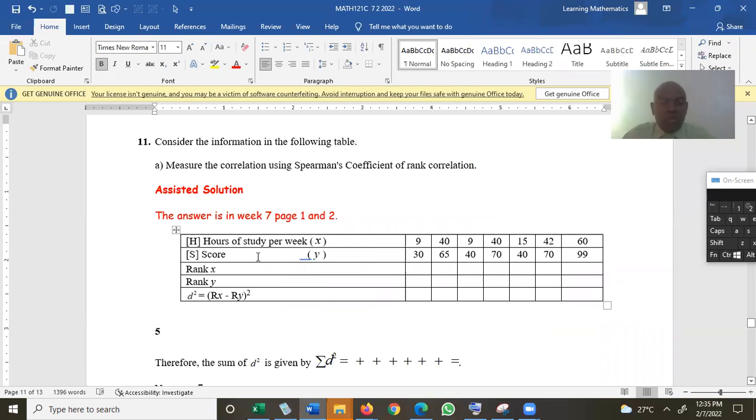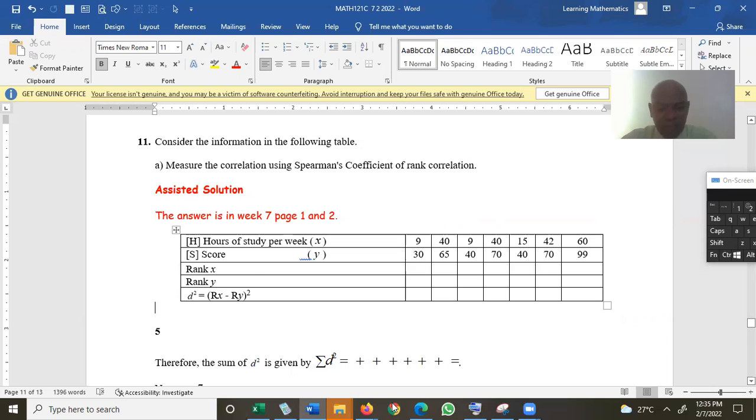At what level does hours affect score? We are trying to get a number. Subjectively, we say hours of study affected score, but by how much? This can be measured, and one of the ways to do that is using Spearman.